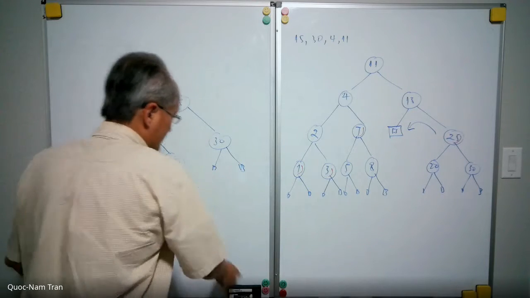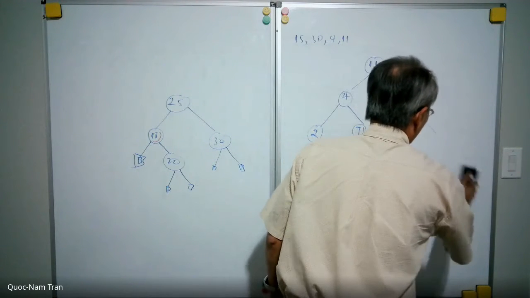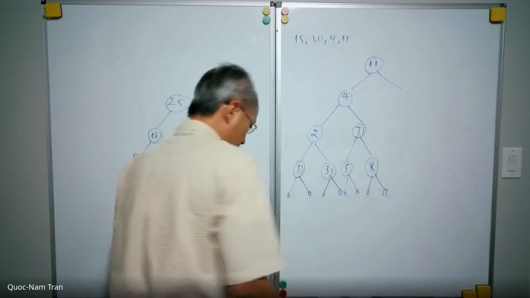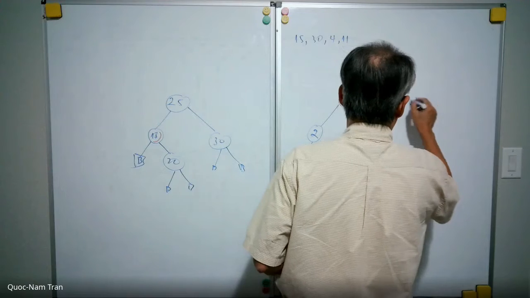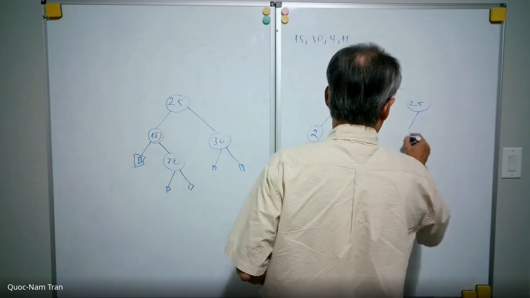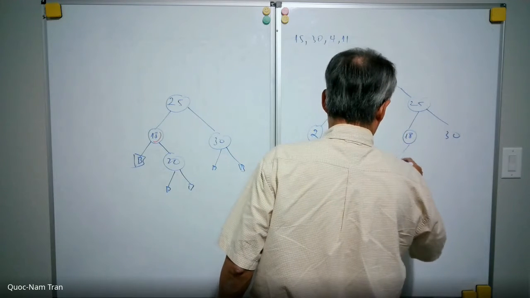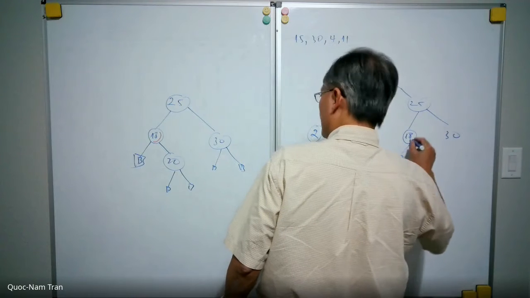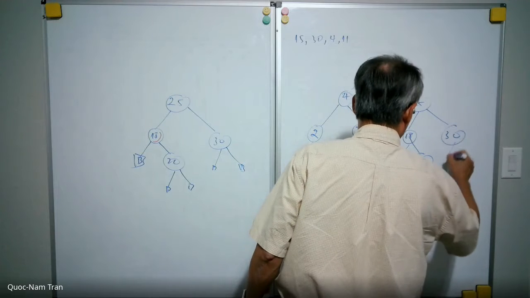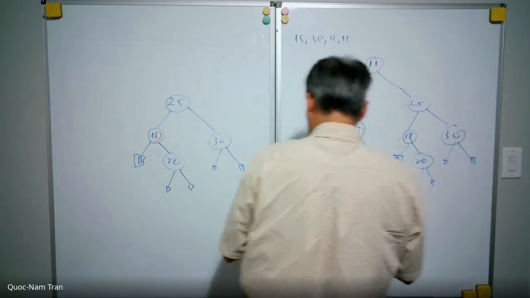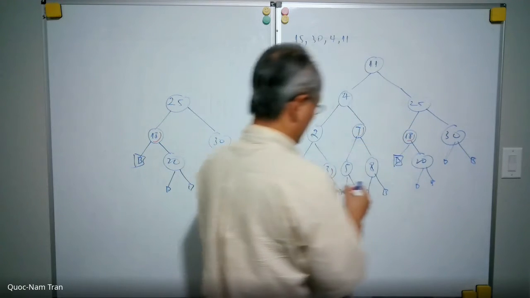So after we rotate, we have the following thing. We have 25, and then 18, 30, 20, and remember that the 18 is the red one.